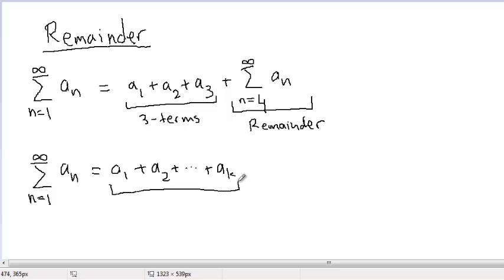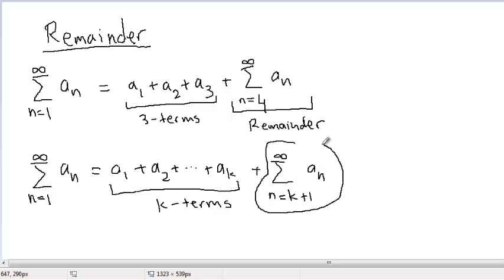These are the first k terms, and usually you can find the sum of these first k terms by using a calculator. And you have some more terms left, and I can write all those terms in the following sigma notation. Summation starts from k plus 1 up to infinity a sub n. Okay, so this is the remainder when I separate the first k terms.